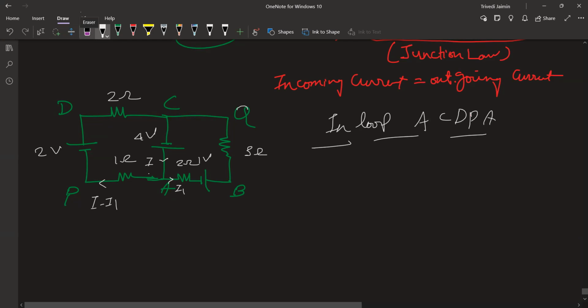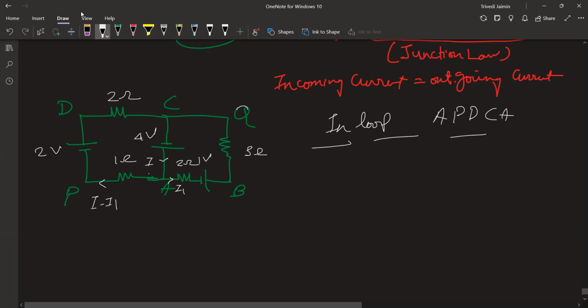Okay, no, let's make it easier. Let me make it even easier. D, C. If we go this method, it will be easier. A, P will come here. A, P, D, C. Okay, now summation of all voltage.